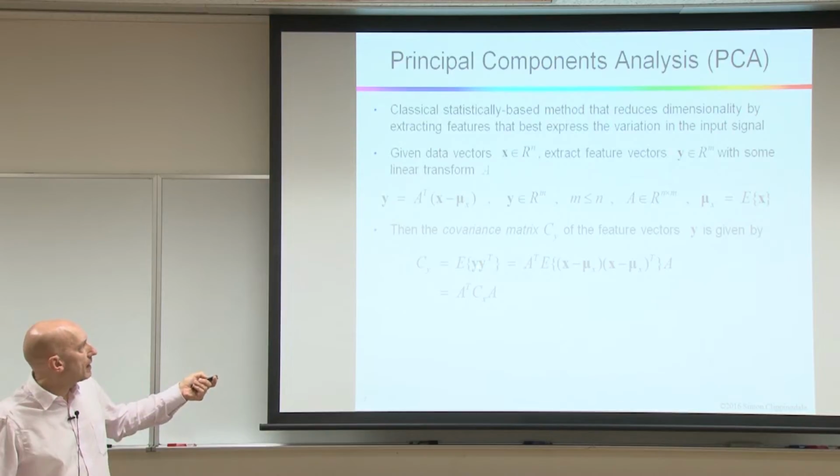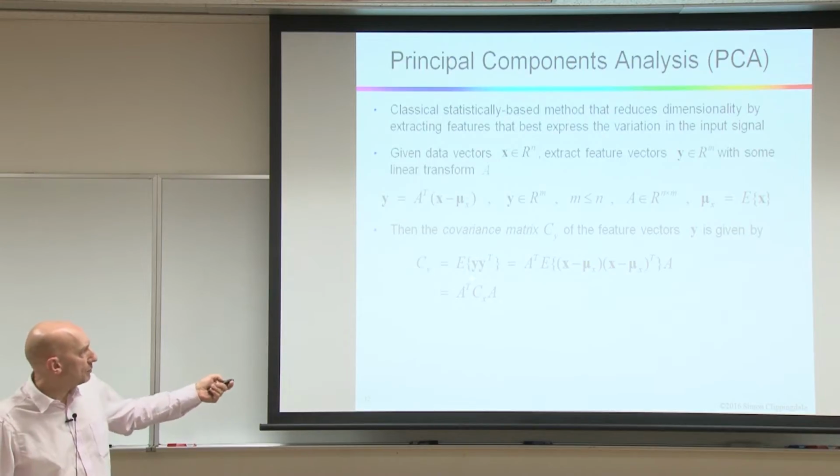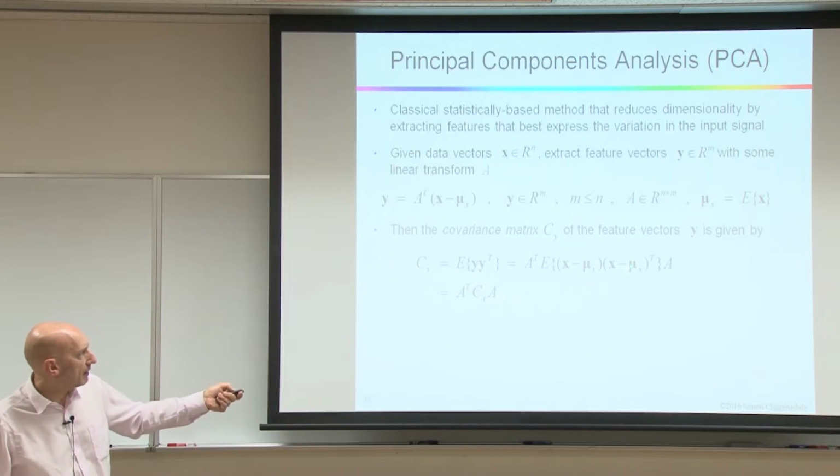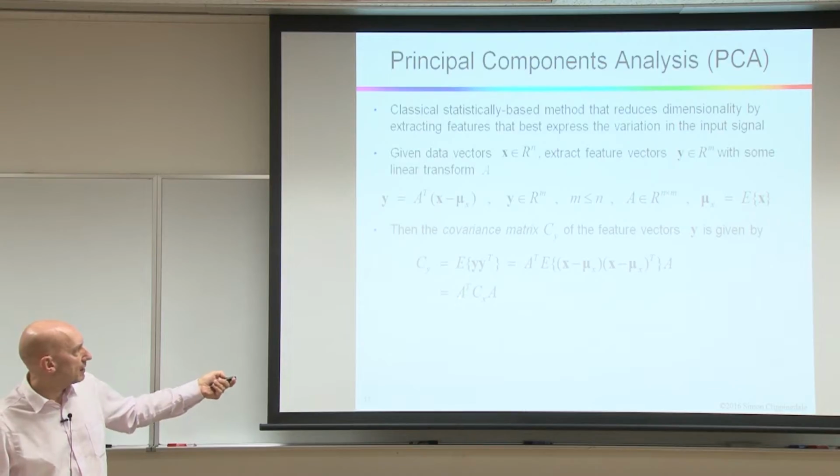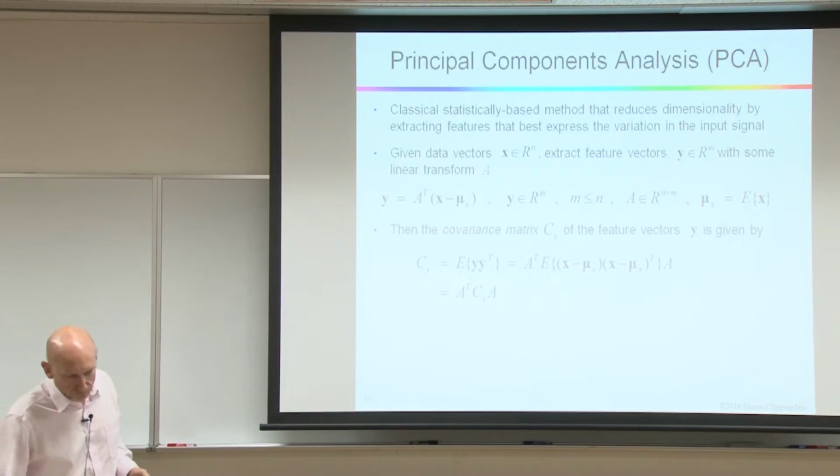Replacing Y there with this thing, you can express this covariance matrix of Y in terms of the covariance matrix of X, which is this thing in the middle here, plus the transformation matrix A transpose and A at the end.